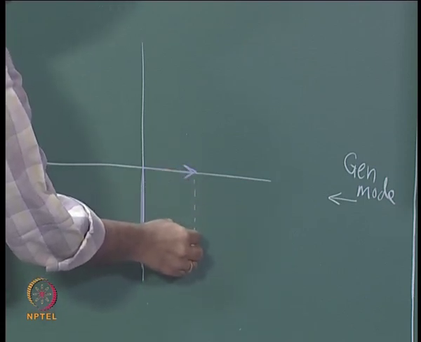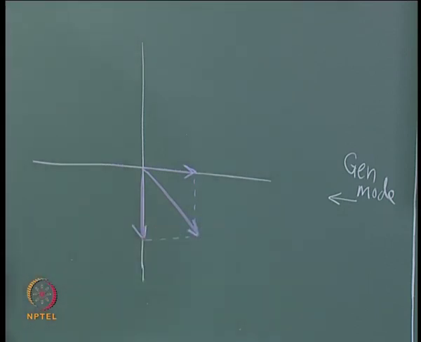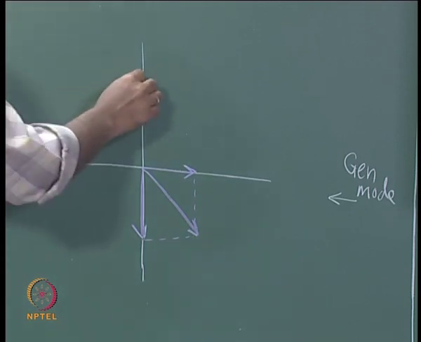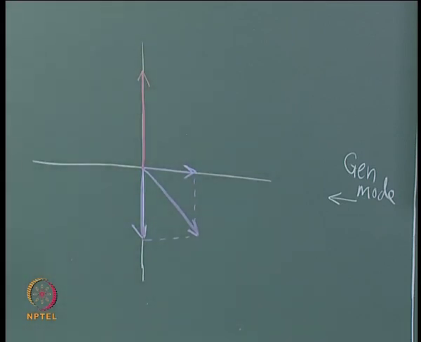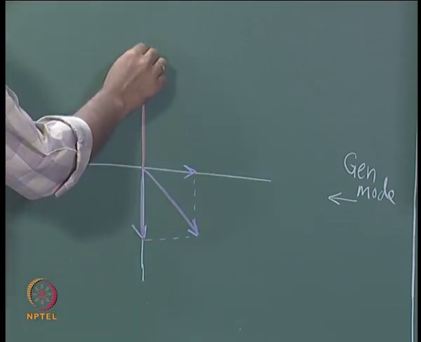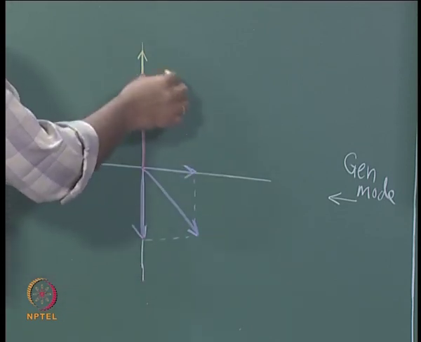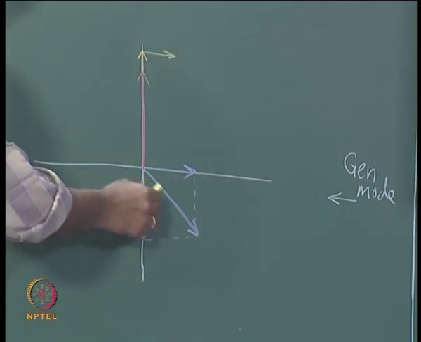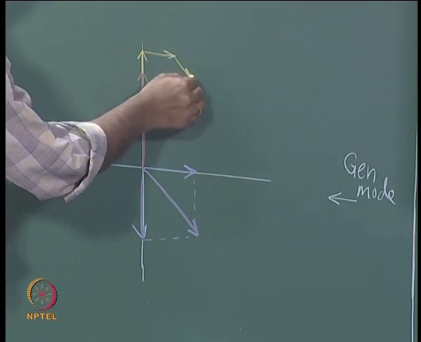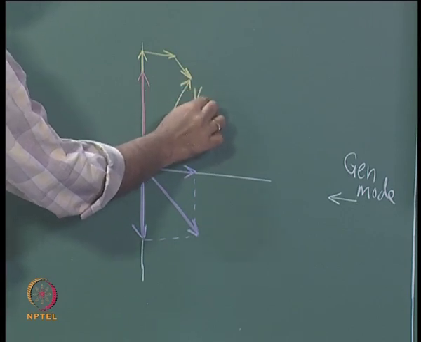So, sum of this is the armature current phasor, that is here, and as before the induced EMF phasor is along the Q axis, and then you have J IDS, J times IDS would be in this direction, J times IQS will be in this direction, and then you have R into I, that is here, and therefore this will then be the stator phase voltage.